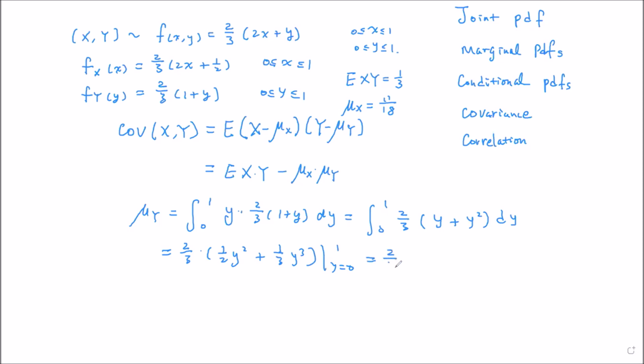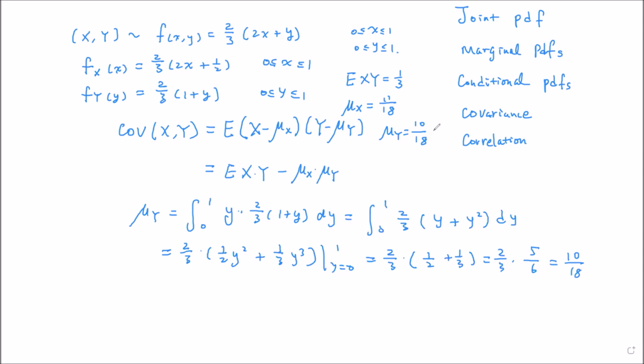And then you have 2/3 times 1/2 plus 1/3. That's 5/6. That is 10/18. Let's keep it there, 10/18, even though you can simplify it. 5/9. Okay.